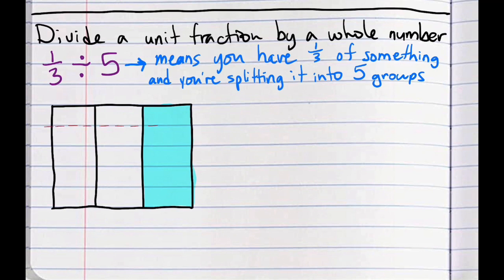So using my dotted line here, I'm splitting into 5 groups. And then I'm going to take one of those pieces. So if I took that 1/3 and broke it up into 5 groups, I'm going to use my lines to show one of those groups.